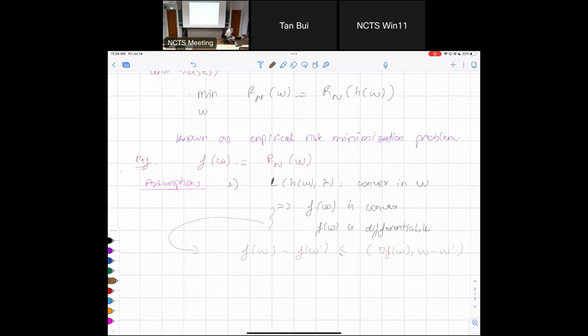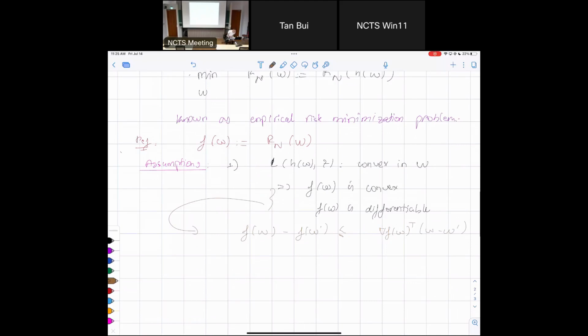That's the inner product. Remember, that holds if and only if F is convex and differentiable. And we're going to write this interchangeably: we also write the inner product as the gradient of F at w times w minus w prime.